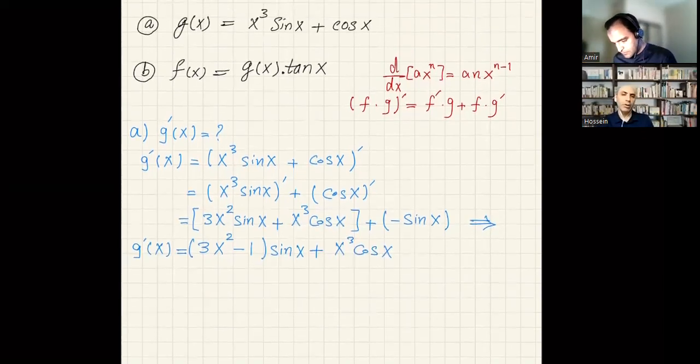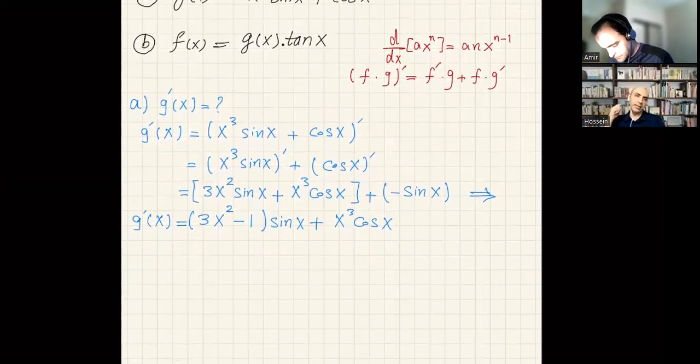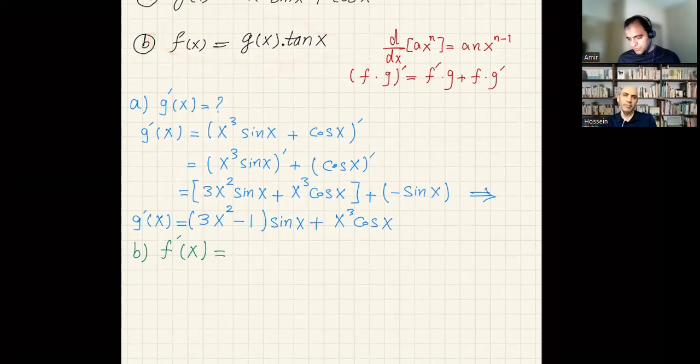So you're going to use this answer to solve part B of the question. Correct. So part B is g of x times tangent of x. You're going to find the derivative of this function. That's correct. So part B, f prime of x is equal to, so I use again the product rule here.